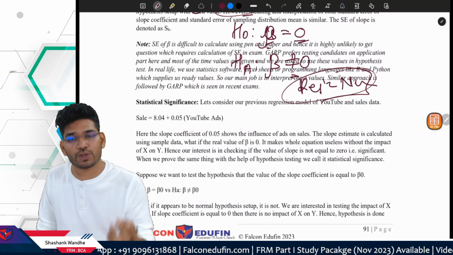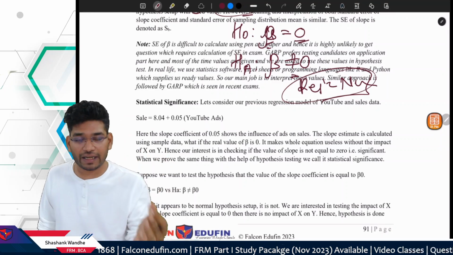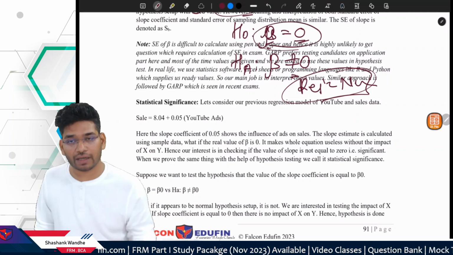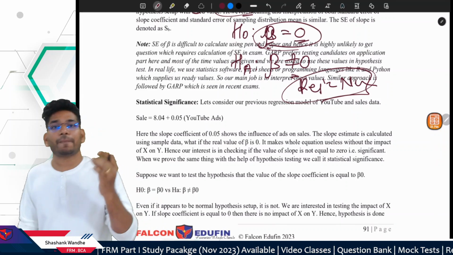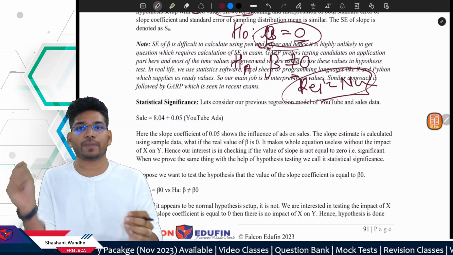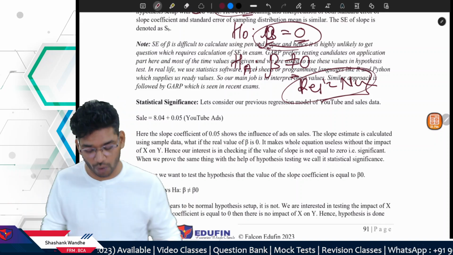So beta has some value. If beta has some value, it means the model is significant or useful, and beta is statistically significant for our model. So in short, we say beta is statistically significant if we are able to reject the null hypothesis. This is what you need to remember.